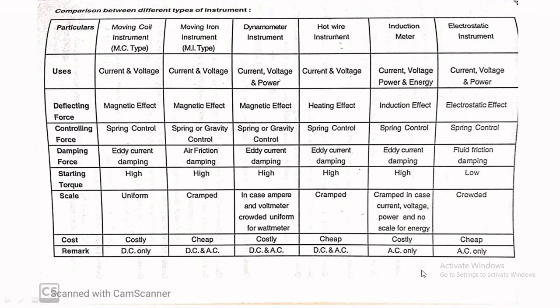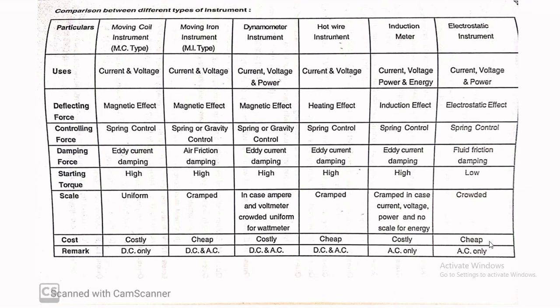also works on AC. Here you can get a confusion. Moving coil works on DC, induction type meter works only on AC, not DC. Electrostatic also works on AC. This is a major table, the comparison between different types of instruments. Maximum questions will be from this table only.